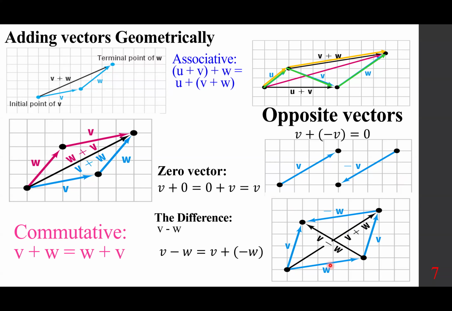Because if this is W, V is that, the same as this one, right? They're parallel, identical. This one is negative W, because look at the direction of W versus the negative W. So you connect these two and you get this one as V minus W.